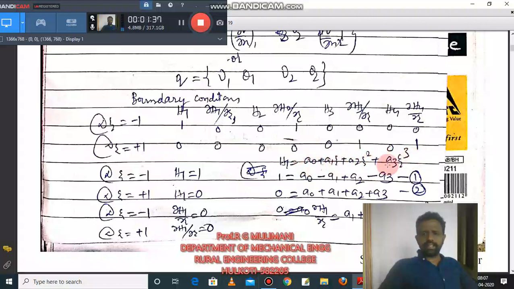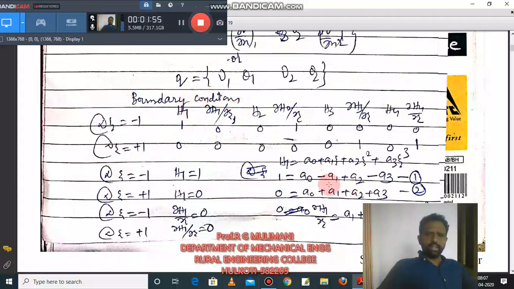We have taken h1 equal to a0 plus a1 zeta plus a2 zeta square plus a3 zeta cube. 4 boundary conditions, 4 nodal displacements, so we consider 4 constants here.